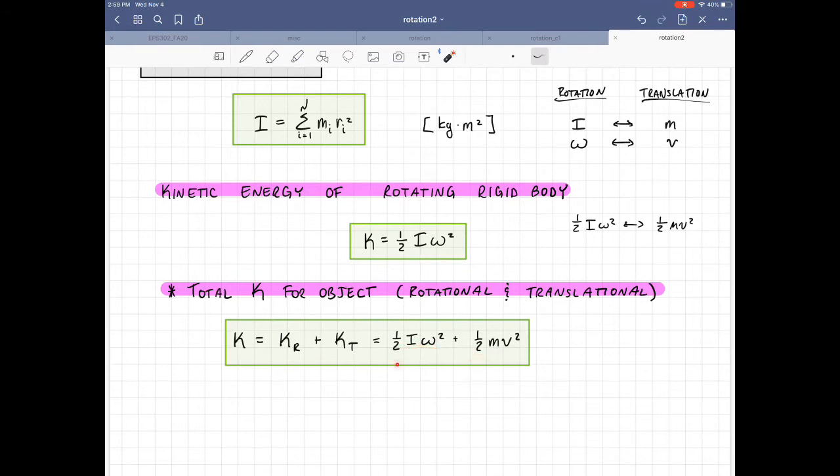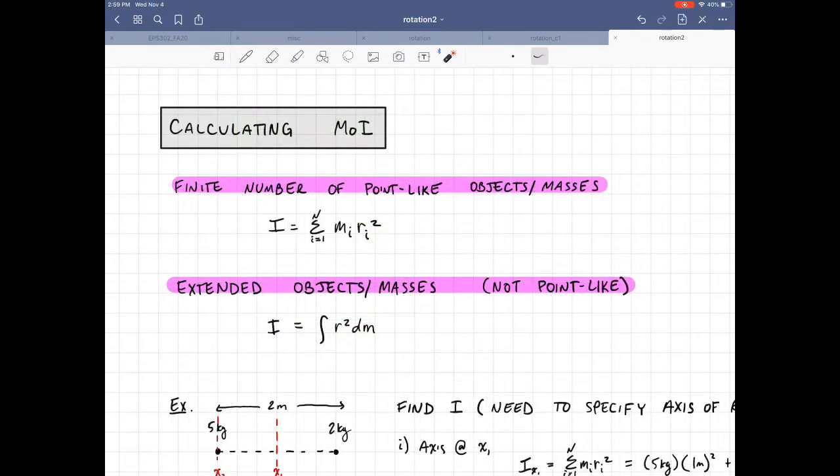If the object's not rotating, then there won't be any rotational kinetic energy, and it'll just be a 1/2 mv squared term for the kinetic energy. You could also have an object that's not moving translationally, just rotating, and then you would have only rotational kinetic energy to account for.